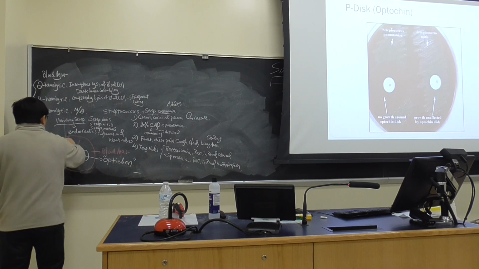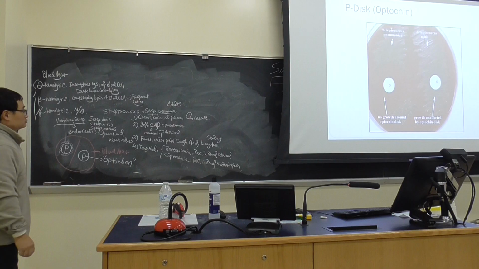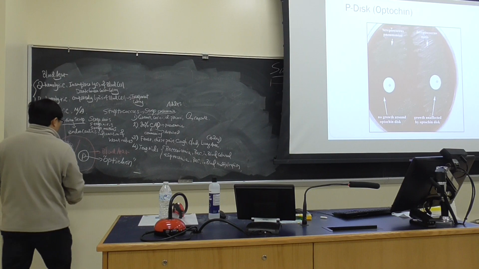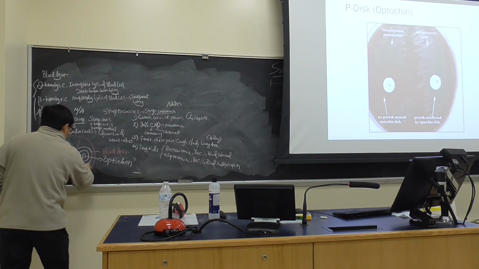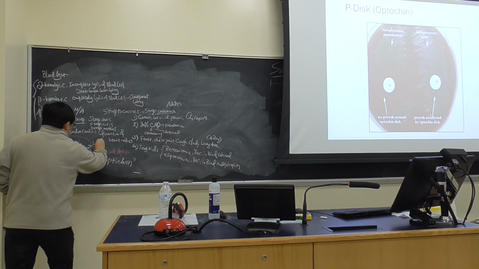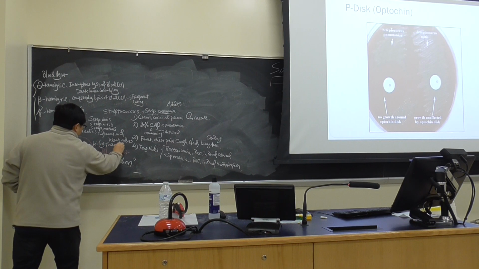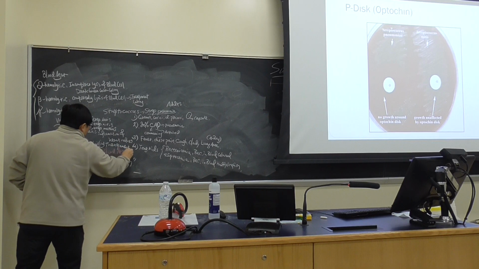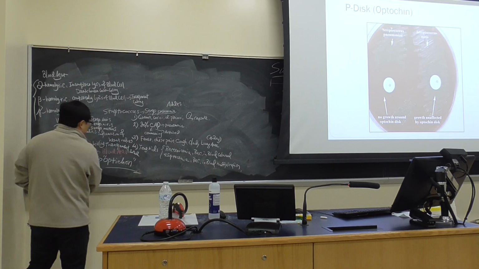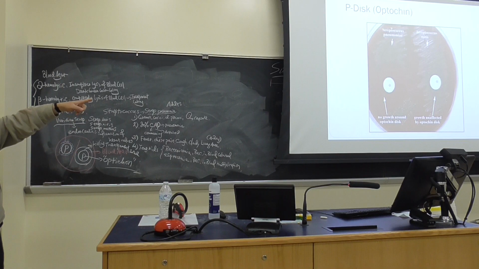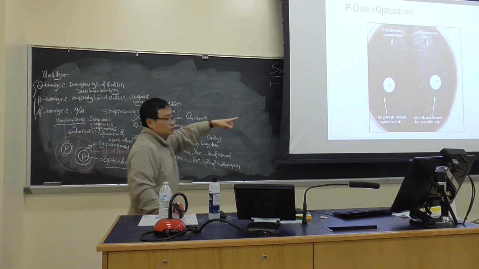They will still grow. And Streptococcus pneumoniae is killed, which means there is a transparent zone surrounding the optochin. That's what the P disc looks like.